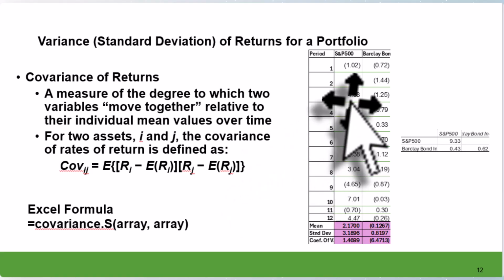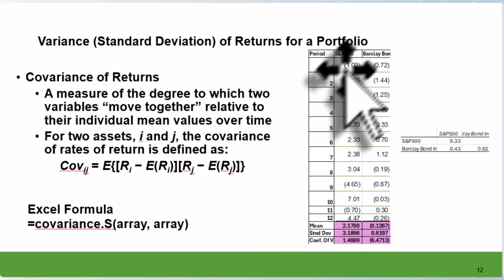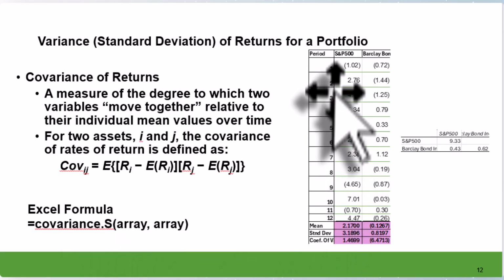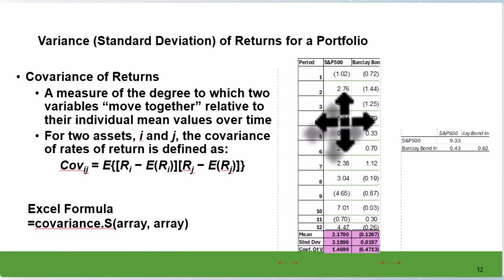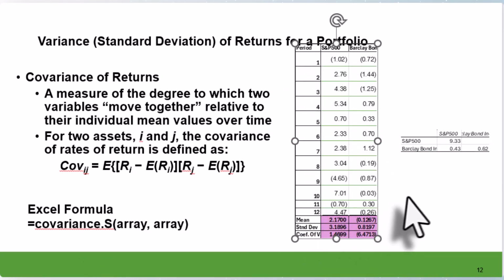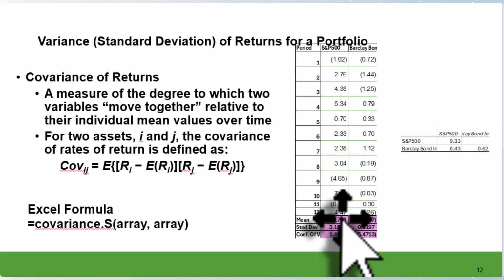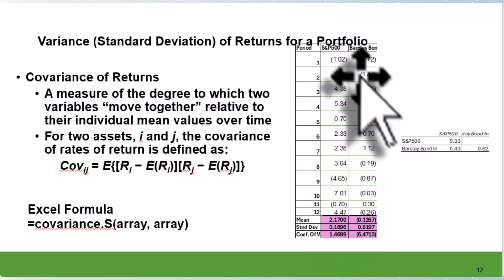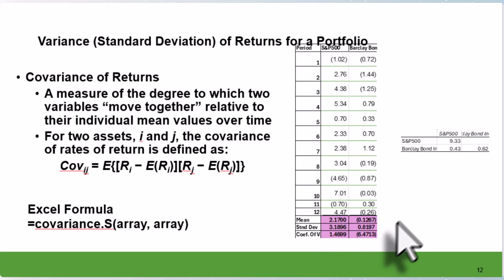So the arrays are the columns of numbers. So you would type equals COVARIANCE.S, open parenthesis, highlight this array of returns for the S&P 500 and this for Barclays. And then obviously that gives us a result.